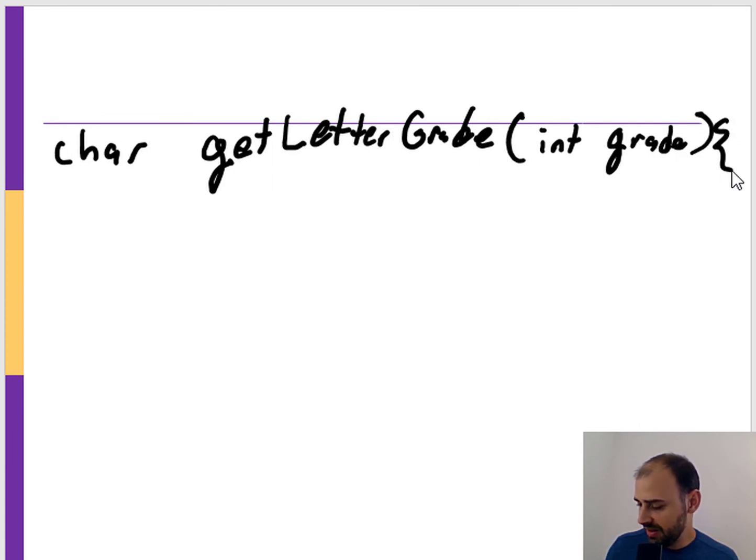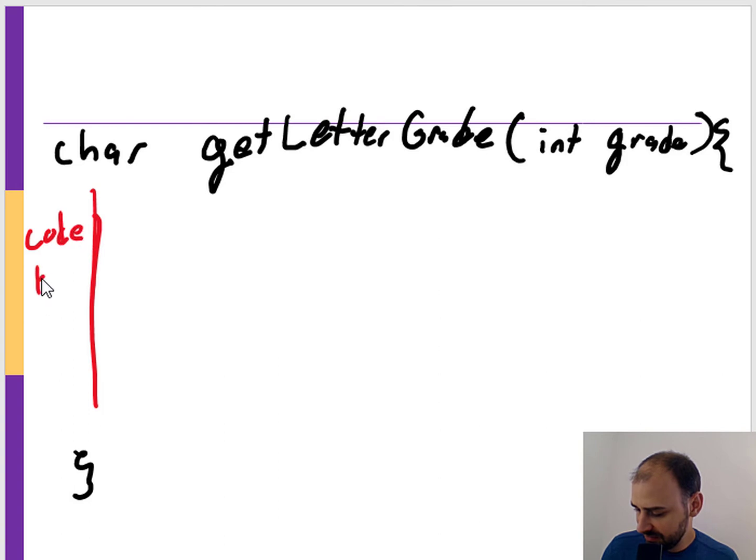This is going to be our function, and this is going to be the code block for the function. I also have discretion over what I want to call the input. Again, just give it a meaningful name.